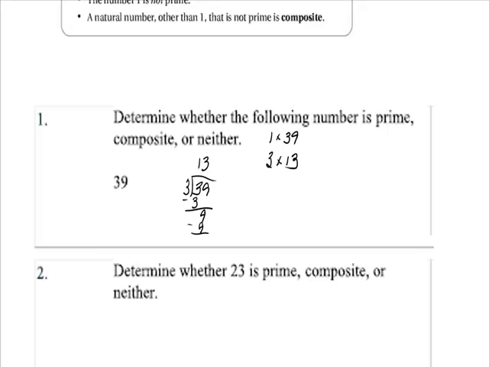I can stop and say this is composite. If you can find any factors other than the original 1 times the number, you stop and say, then this is a composite number. It is composed of multiple factors.